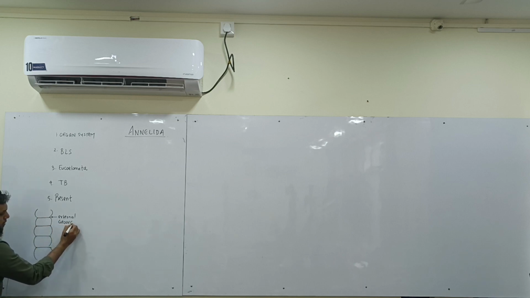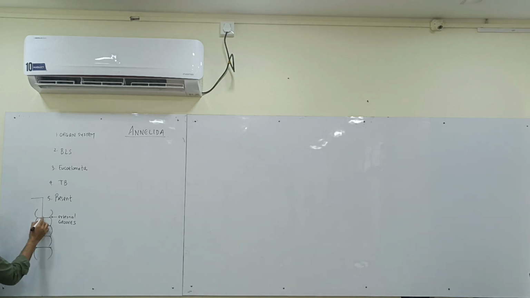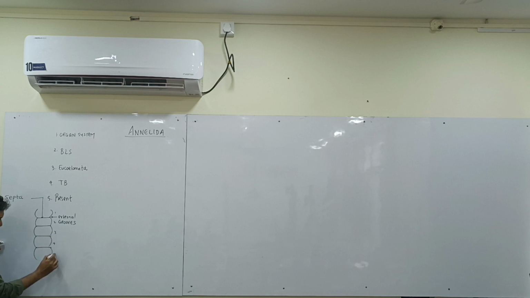And inside I see septa. What's my point? I can see segmentation from outside as well as inside. Such a body is called a segmented body, where the segmentations are clearly visible from outside as well as inside.